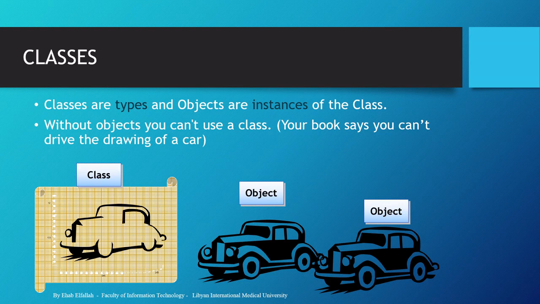The object is the instance of that class. So without objects, you cannot use the class. Just as you cannot drive the drawing of the car. If you want to drive the car, you have to make the object from the drawing of the car.